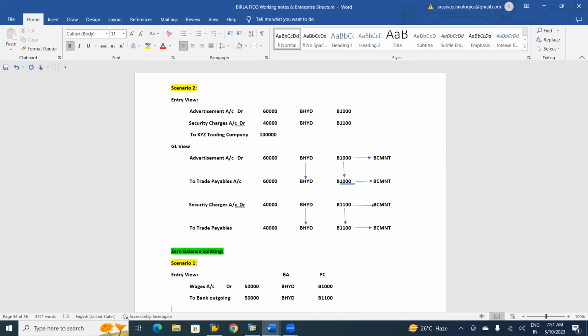So for example, how it's going to be triggered: in GL view, how many things will appear? What are the ledgers that will appear? What are the ledgers we have? 0L, BX, BY. BX is for IFRS, and BY is for US GAAP reporting.